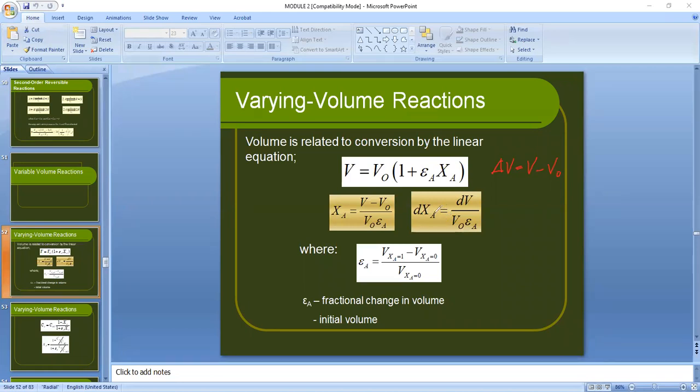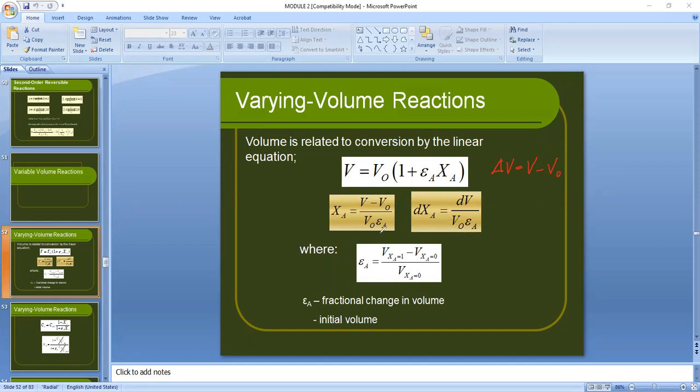The differentiated form is dXA equal to dV over V sub O epsilon A. We have dV because if you differentiate the variables in the numerator, V sub O is a constant, so its derivative is 0. That would only leave you with the derivative of the volume, so you have your dV.